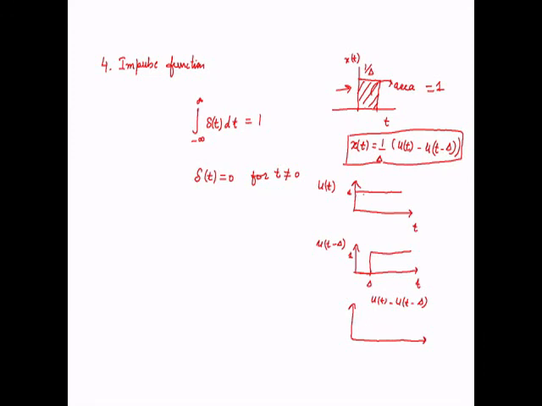So if I subtract this from this, then we have this section left, so we have this area left. Here this is 1 and here it is delta. So this is the function, and we get the rectangular function.